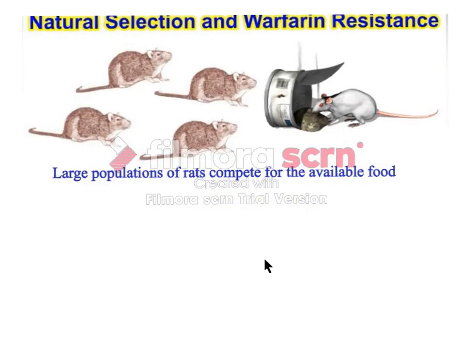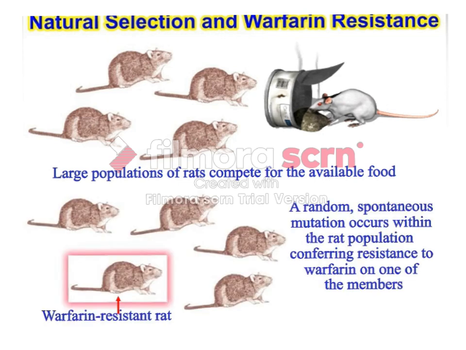Natural selection and warfarin resistance. A large population of rats compete for the available food. A random spontaneous mutation occurs within the rat population, conferring resistance to warfarin on one of the members. So at least one of the members of each group of rats will have the warfarin-resistant allele.